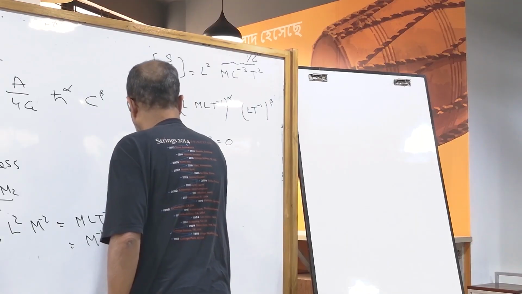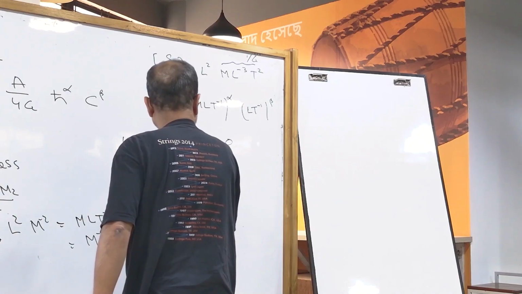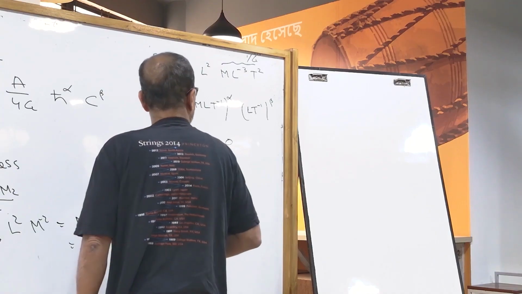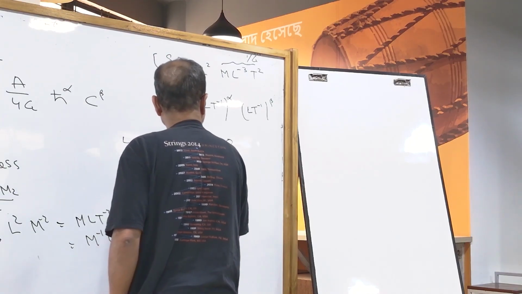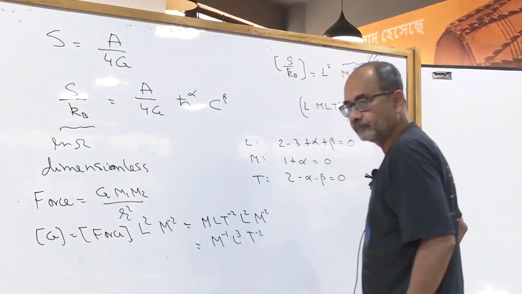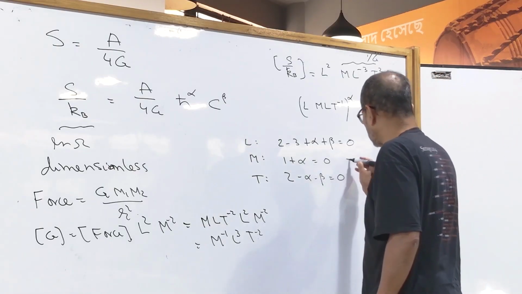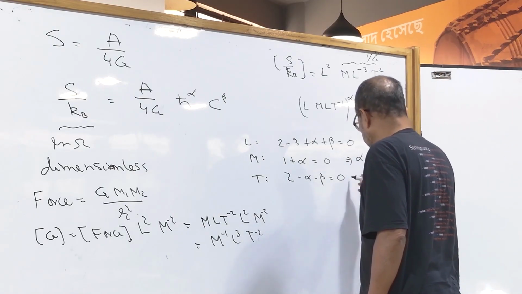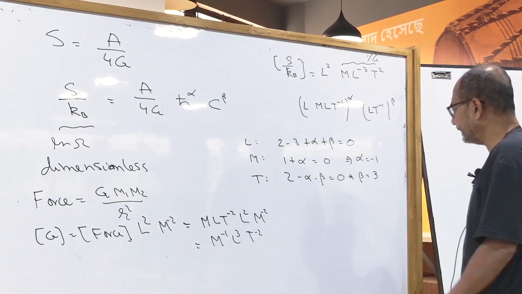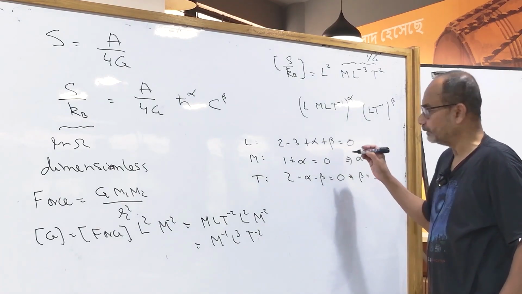Then for m, it is 1 plus alpha equal to 0, and for t, it is 2 minus alpha minus beta equal to 0. So, this gives you alpha equal to -1, this gives you beta equal to 3, and then this is automatically satisfied. So, this is a check that we have not done anything wrong.